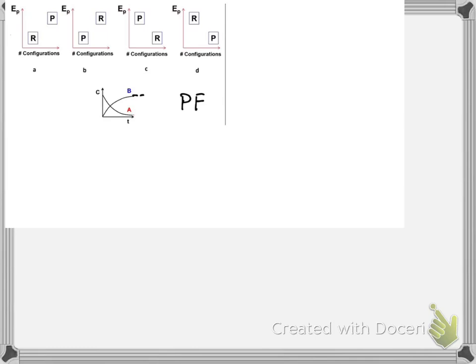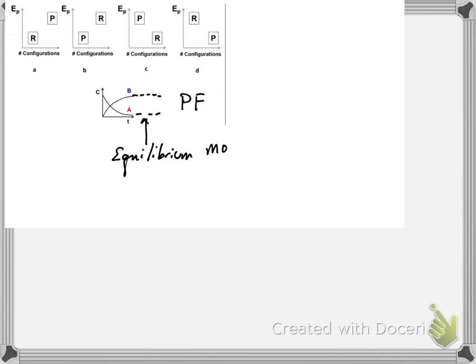Okay, so we did this on Wednesday, which is introduce the concentration versus time. Concentration versus time is shown here, and it is the equilibrium concentrations that occur when there's no change over time.